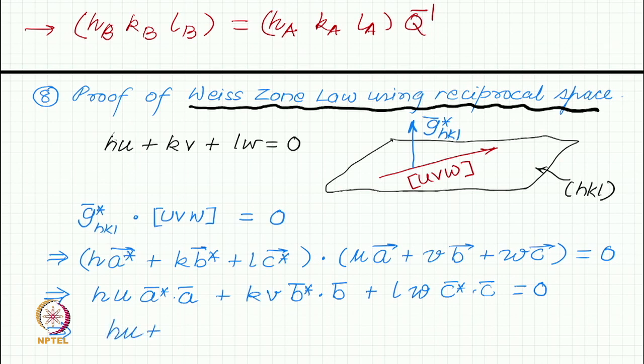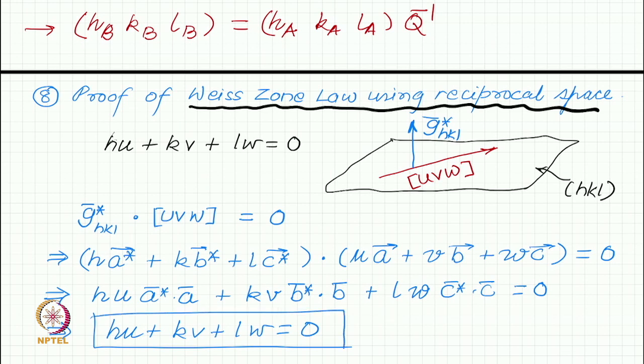So, H u plus K V plus L W is 0. Okay. One line proof for Weiss-Jones law.